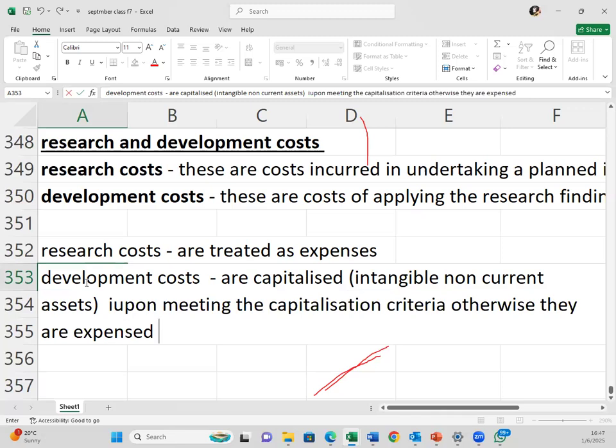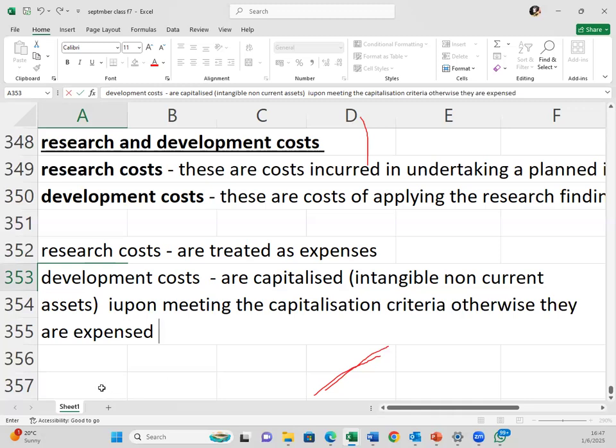So development costs have two treatments. They can either be treated as an expense or as an intangible non-current asset. Remember, where you put your goodwill, where you put your investments, you put your development costs.